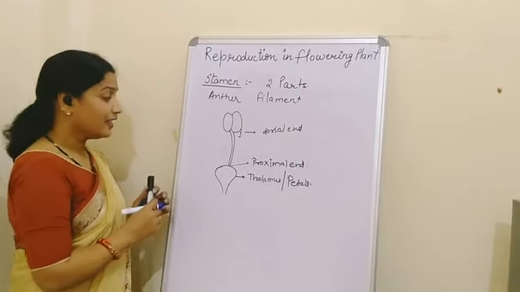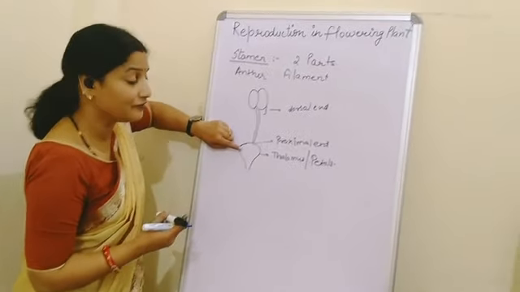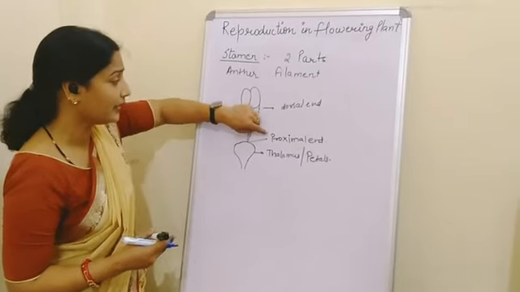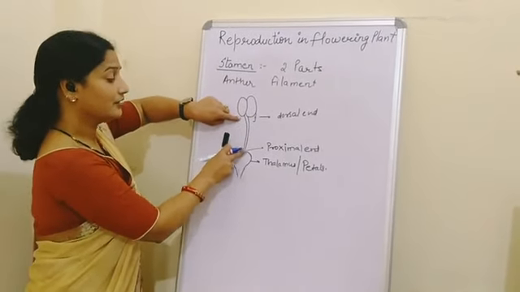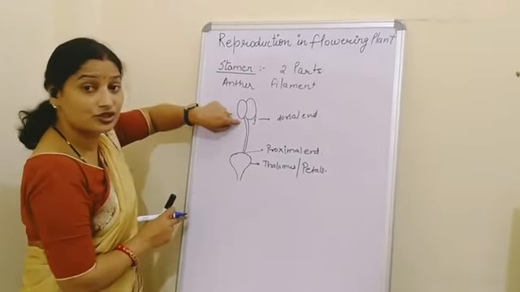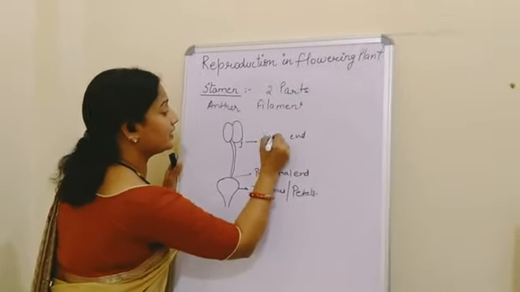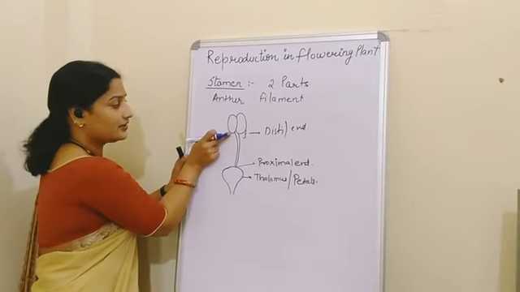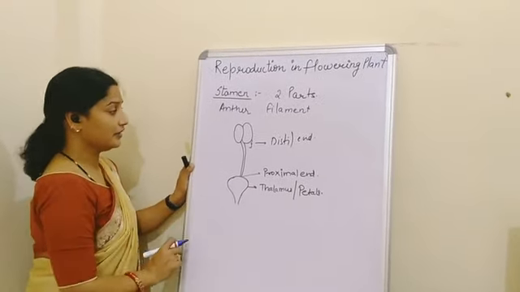Now see, the end which is near the base of the flower is called the proximal end, and the place which is away from the thalamus or the receptacle is called the dorsal end, or best to write it as the distal end. Clear? So this is the distal end and this is the proximal end.